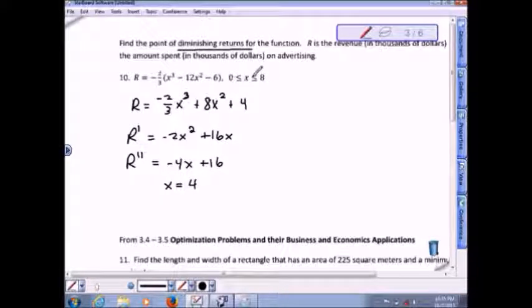Now first let's just check that's in the specified domain. X can be anything between 0 and 8, where 8 is in thousands. These are in thousands of dollars, so this represents a value of $4,000. Now just to check that this really is a point of diminishing returns, we have to check that the graph is switching from concave down to concave up.